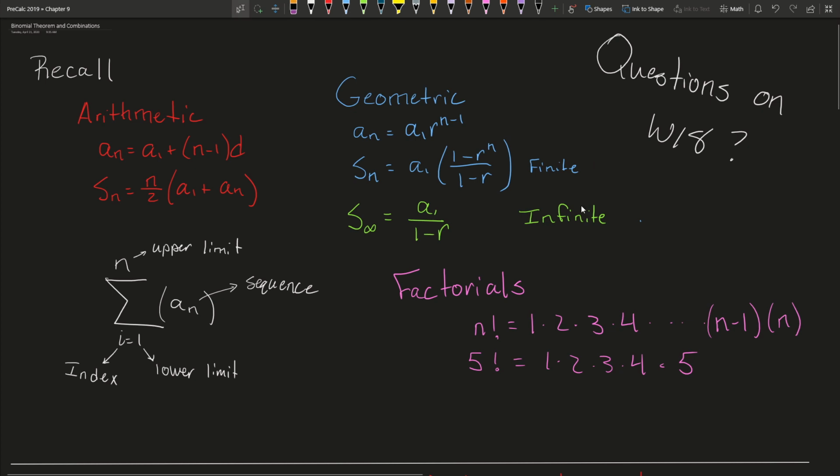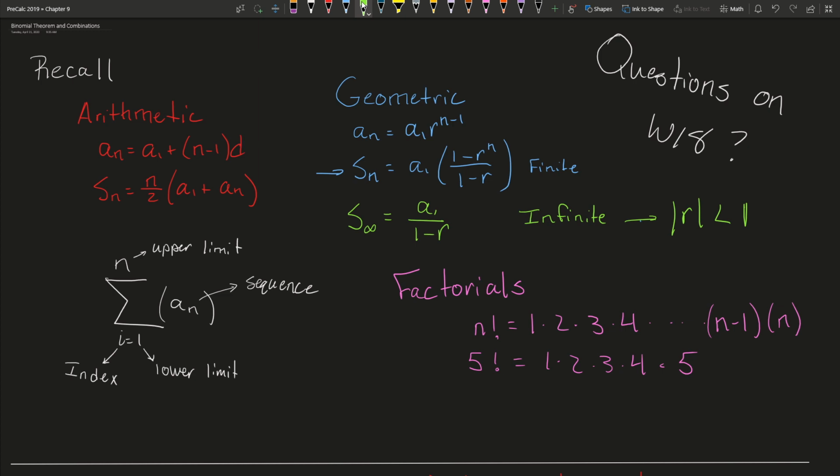Your common ratio for this blue term can be anything. For the green one, though, r must be less than 1. And that green part is what we did last night and before for homework.